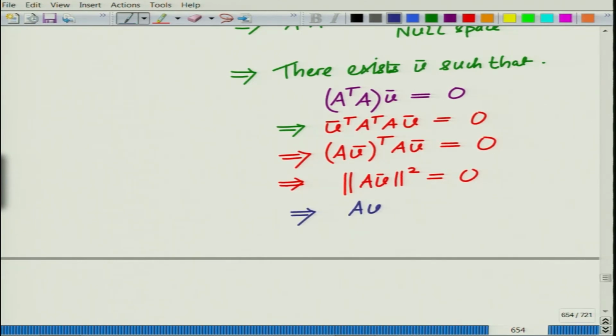Since the norm square is 0, the norm is 0. Since the norm is greater than or equal to 0, this implies that A u bar equals 0. This implies A has a non-trivial null space.